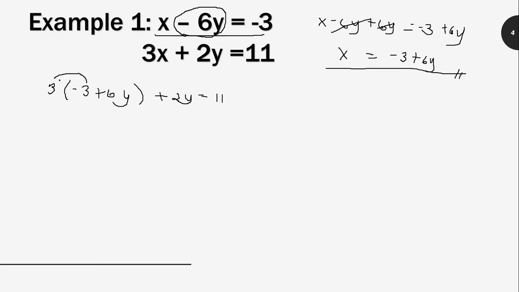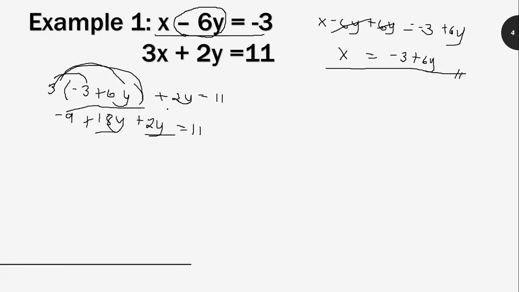Distributive property: positive 3 times negative 3, we got negative 9. 3 times 6y is 18y, plus 2y is equal to 11. And then combine like terms, ang magkapareho po si 18y and 2y.